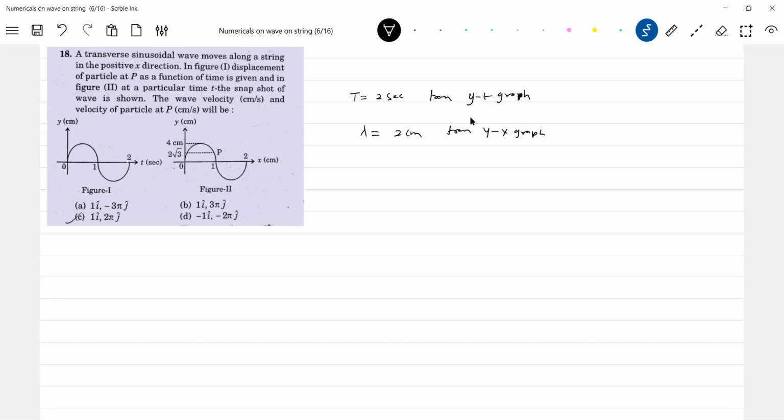Then if you know the time period, you get omega. Then if you know lambda, you'll get k. Then the quotient of t by the quotient of x, omega by k.